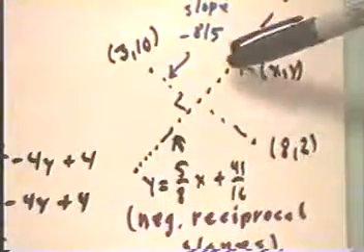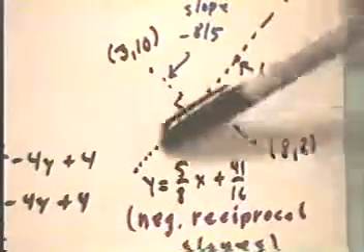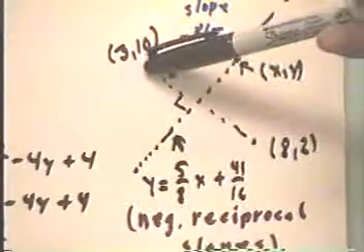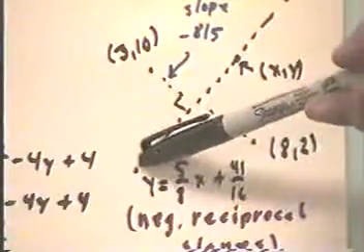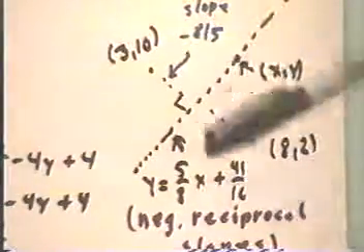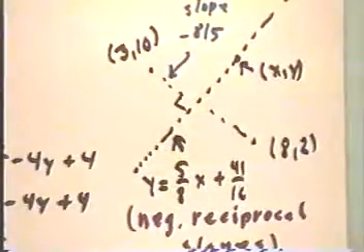Here's the line on which x, y lies, the line that's equidistant, and you can see that every point on this line is very plausibly the same distance from this point as this point. Pick a point here. This distance is the same as this distance. If I've sketched this accurately, then that's certainly going to be true. If it's not sketched accurately, then improve the sketch and see what we have.